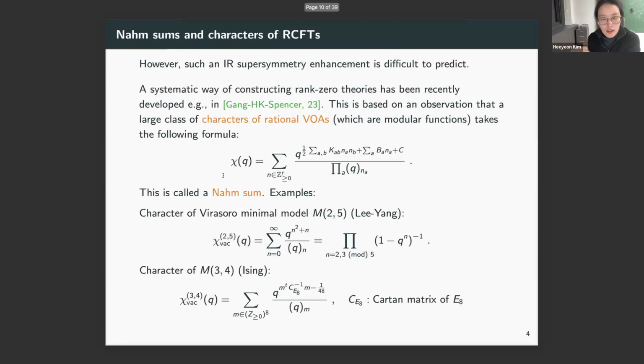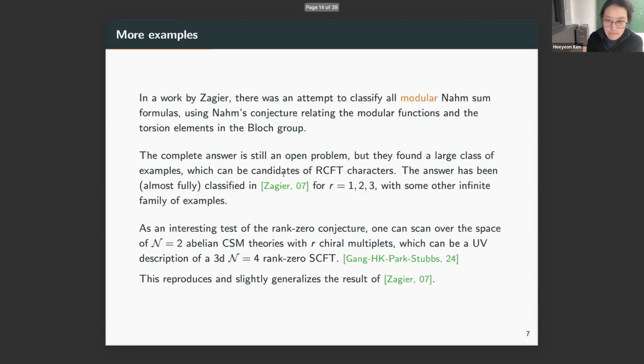And that was, for example, performed in that paper for R equals 1, 2, 3. And as a result, they obtained 20-something examples, depending on how you count it, with some other infinite families of examples.